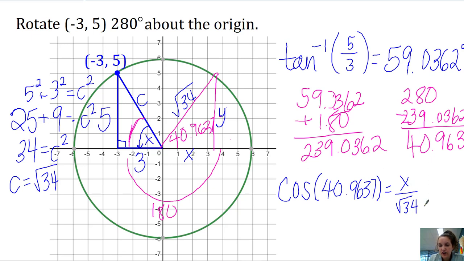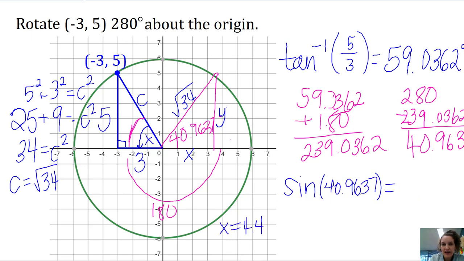I multiply by root 34 on both sides to get x equal to 4.4. To get y, I repeat this process, except I use sine of our angle: sine of 40.9637 is equal to y, the opposite side, over root 34, the hypotenuse. Multiplying by root 34 on both sides gives me 3.8.